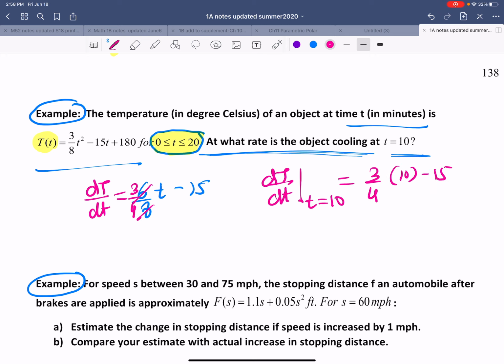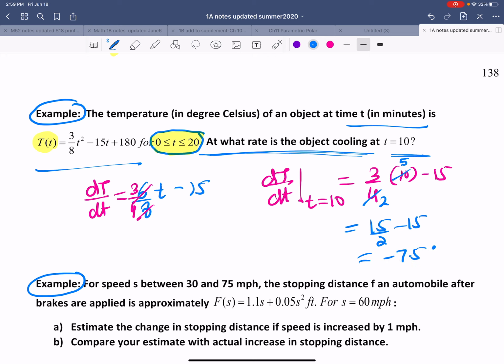Yep, that is correct. 3/4 times 10 minus 15. So 4 and 10 we can divide, which gives 15 over 2 minus 15. That is negative 7.5.